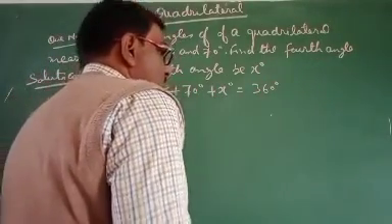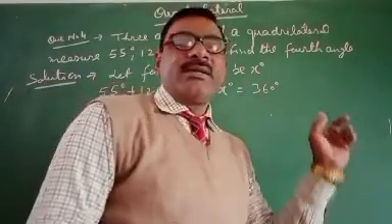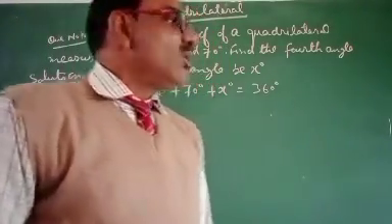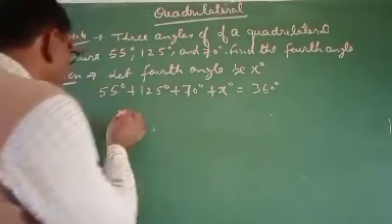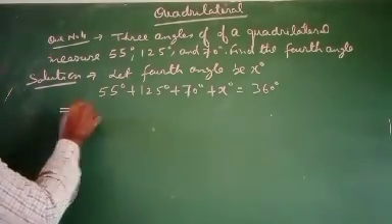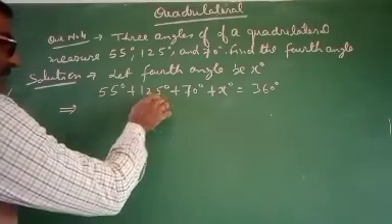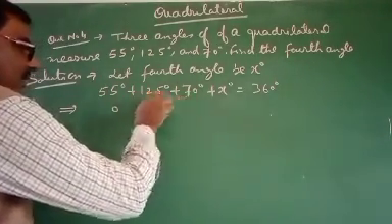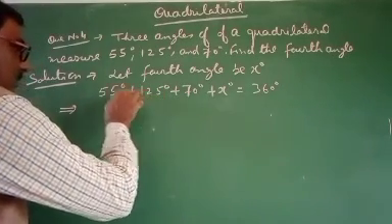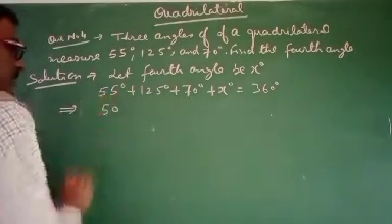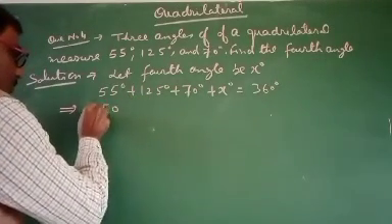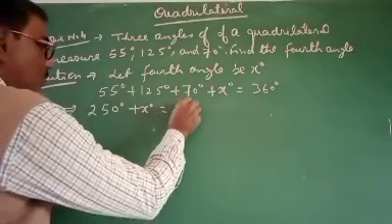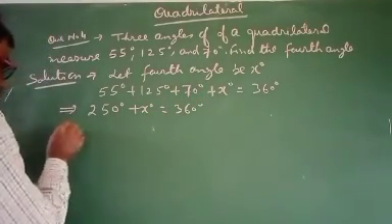Now I will add these numbers: 0 plus 5 plus 5 is 10, 0 carry 1, 1 plus 7 is 8, 8 plus 2 is 10, 10 plus 5 is 15, 5 carry 1, 1 plus 1 is 2. 250 degree plus x degree equals 360 degree.